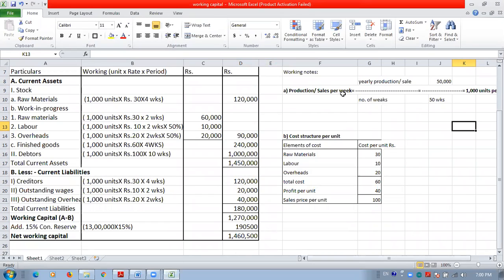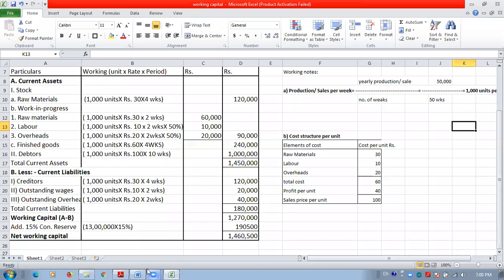For calculation of weekly production, we have to know the yearly production, then we divide it by the number of weeks. If it is given in days, then we divide it by the number of days, and if it is given in months, then by the number of months.